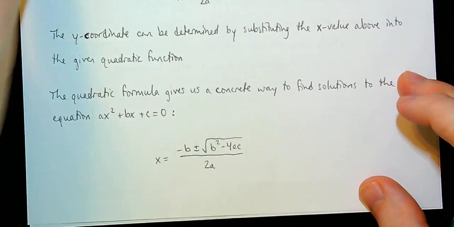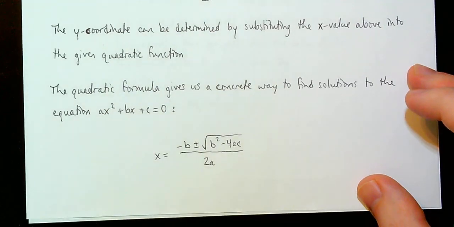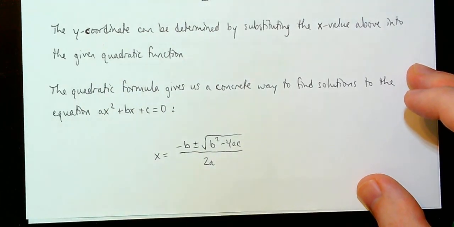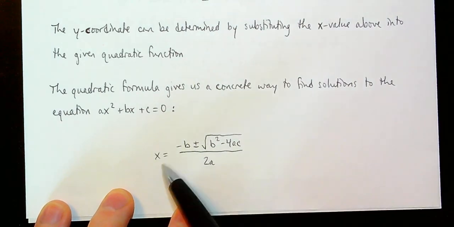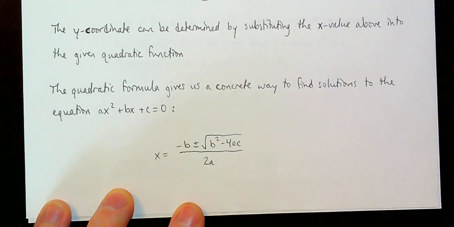And this is a surefire, concrete way to find all the solutions to the equation ax squared plus bx plus c is equal to 0. And your formula is right here. x is equal to minus b plus or minus the square root of b squared minus 4ac, and that's all over 2a.